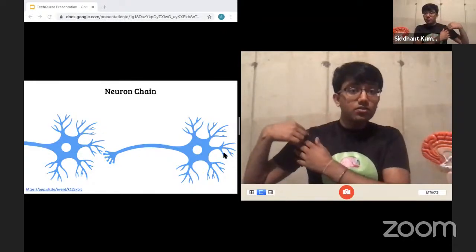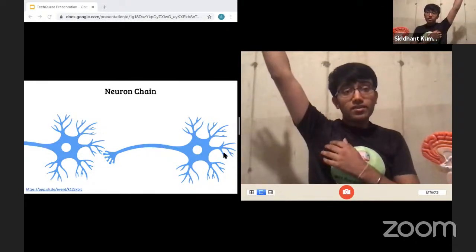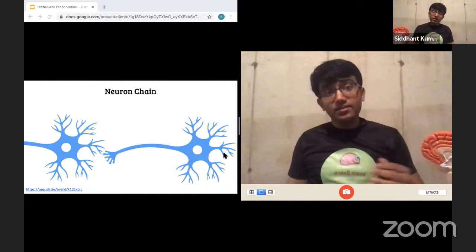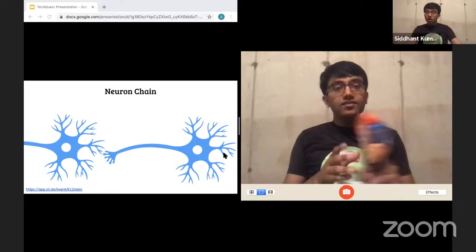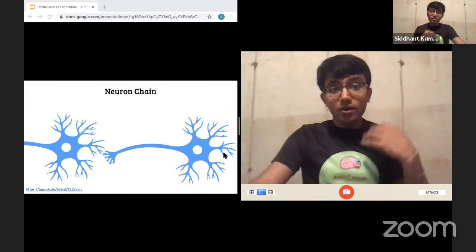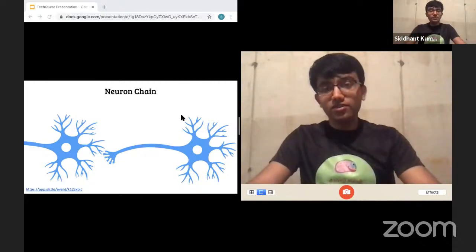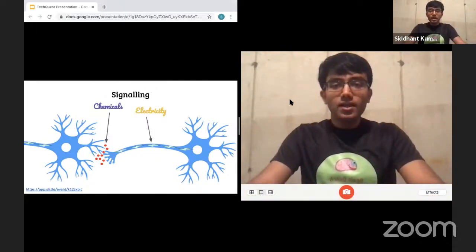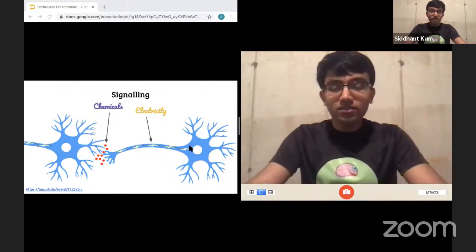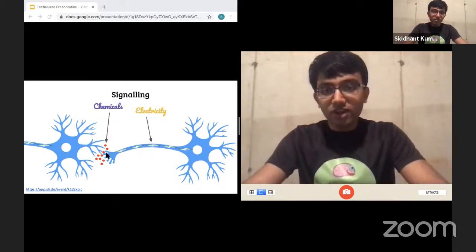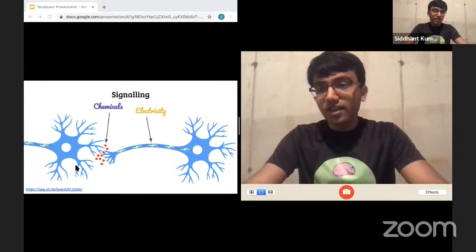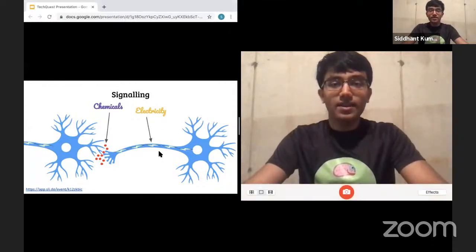So once our muscle flexes, we can raise our arm or we can drop it back down. And that's how the neurons in our brain are able to signal our body exactly what to do. And this is what that signal looks like. There's electricity that travels, gets converted into chemicals, those chemicals attach and trigger the electricity once again.